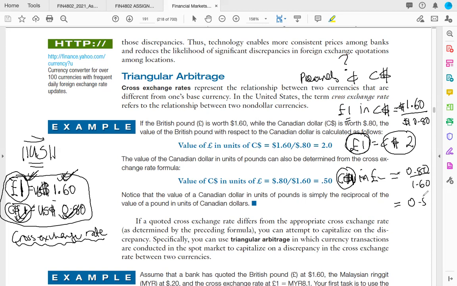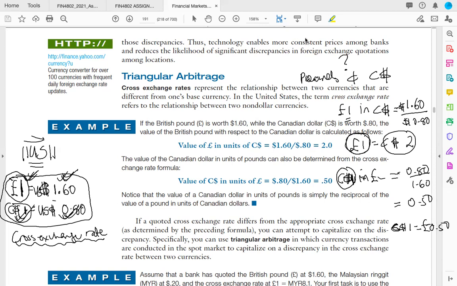So it would give us 0.50. So this would mean that one Canadian dollar is equal to 0.50 pounds. These are known as cross exchange rates.